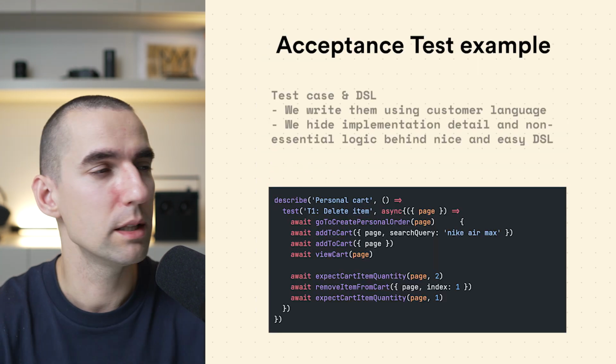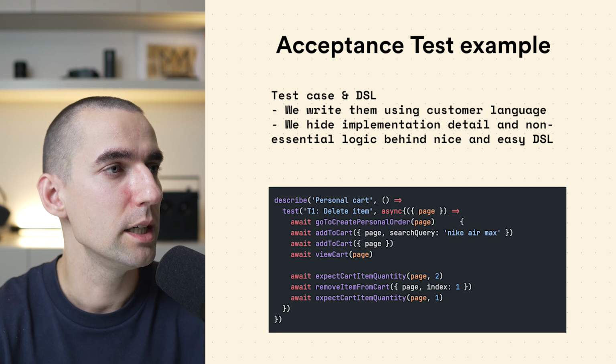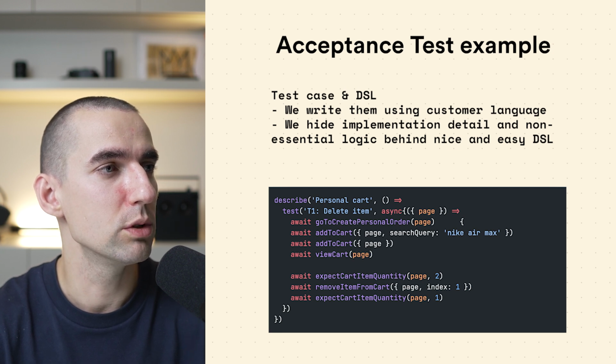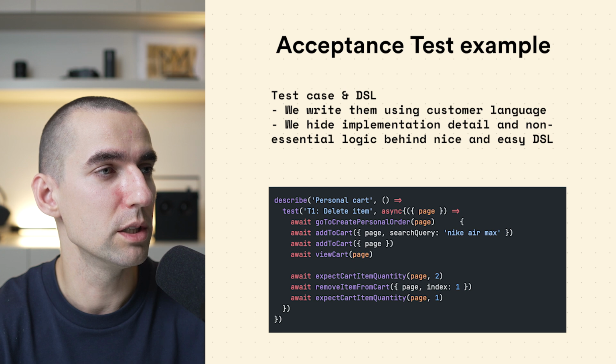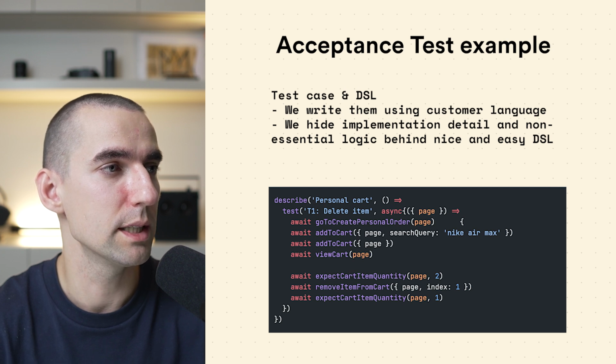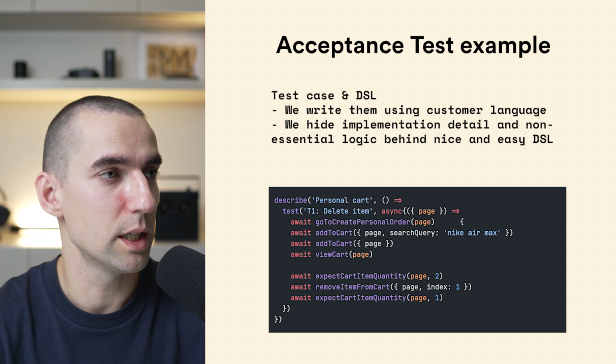So let's take a look at this test case. It is for personal carts, for deleting items. The first step is to create a cart, then add an item to the cart with a specific search query. This is the DSL layer. Then you add a second item to the cart, and then you're viewing the cart, right?